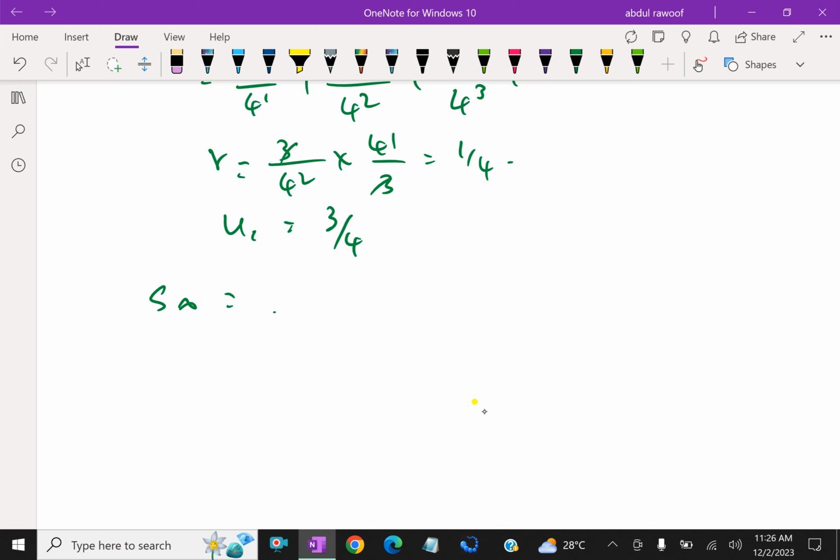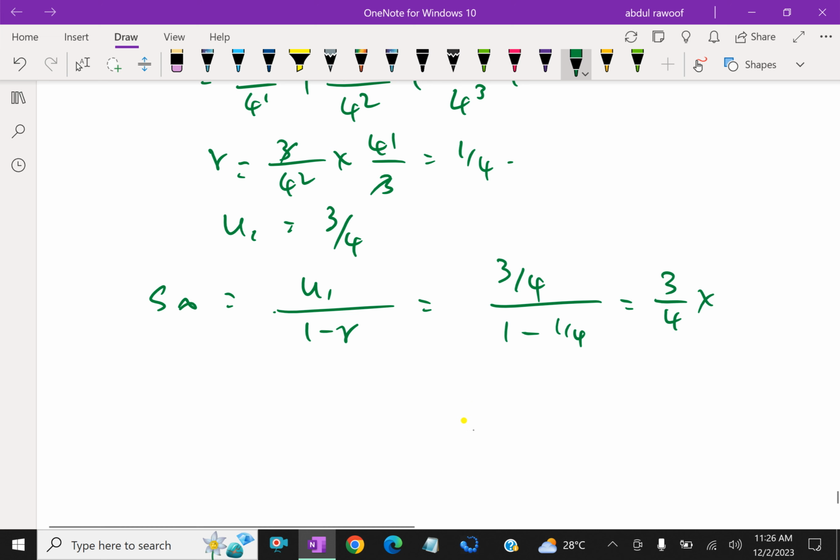Therefore, you can write this as u1 over 1 minus r, which is 3 over 4 divided by 1 minus 1 over 4. 1 minus a quarter is 3 over 4, so we multiply by 4 over 3.